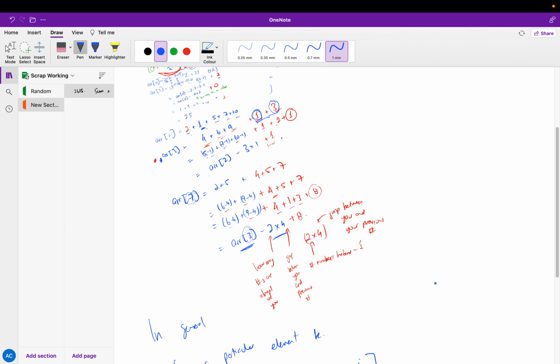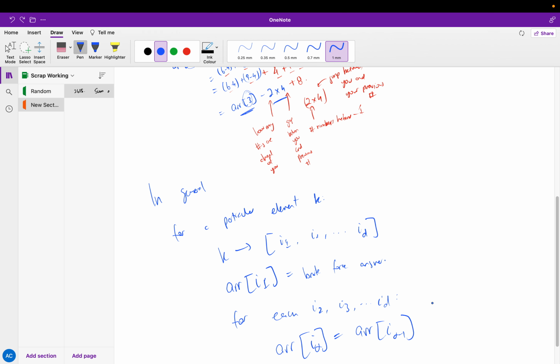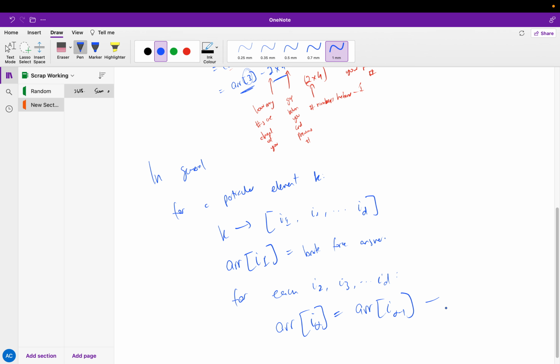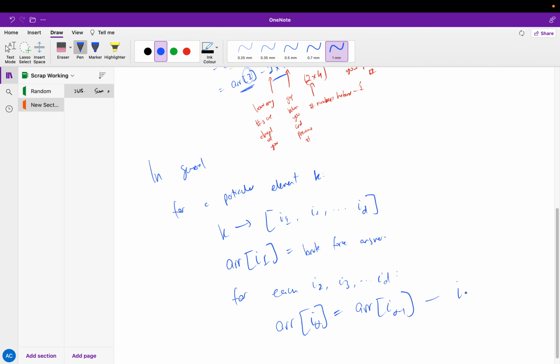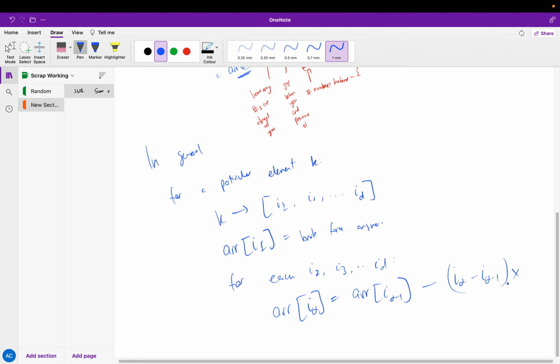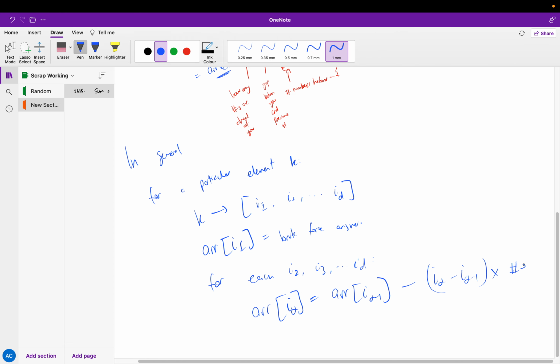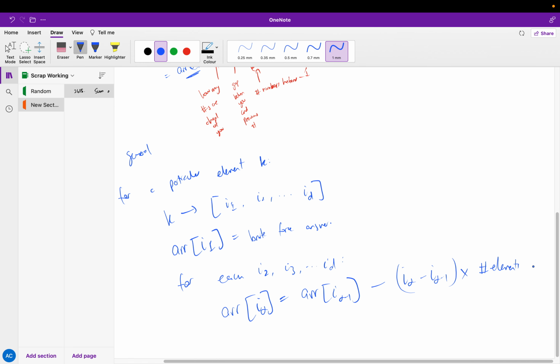Plus or minus I alpha minus 1, that's the gap size, times the number of elements ahead.